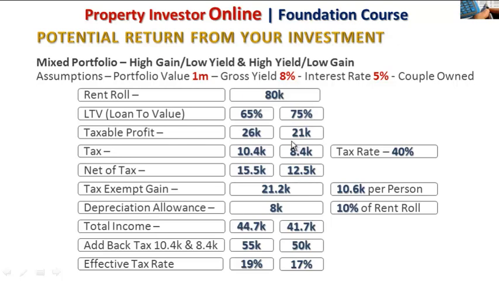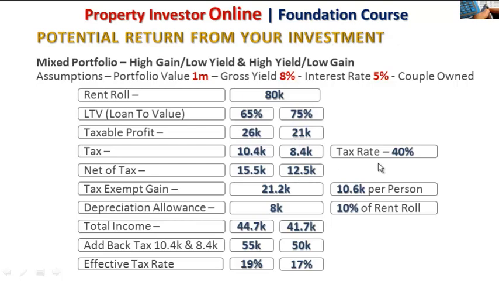The difference between the £80,000 rent roll and the taxable profit of £26,000 is taken up by the interest, which is the biggest charge against the portfolio, plus letting and management fees, 12%, 10% plus VAT, plus insurance, plus repairs and maintenance, and I've factored in a couple of weeks of void. And as I said, the difference between 26 and 21 is because of the increased interest charges.